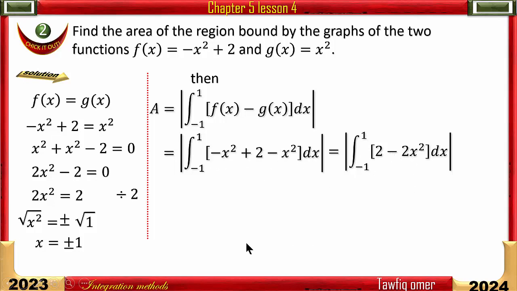And now take the integration. The integration of 2 is 2x, and the integration of 2x squared is 2 over 3 x cubed, from minus 1 to 1.